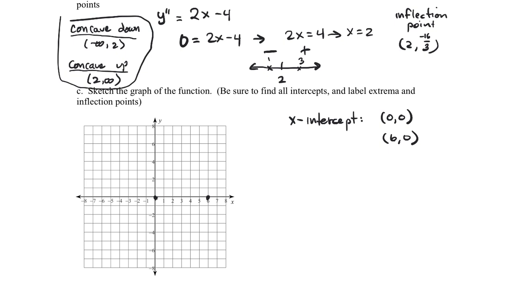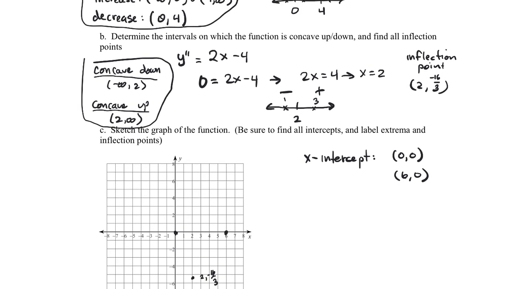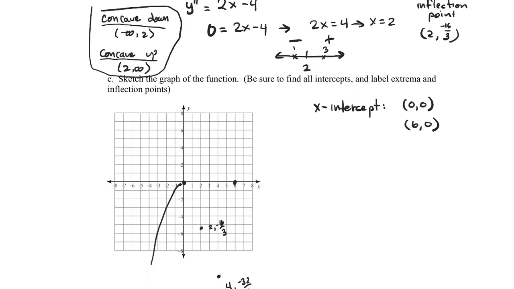So 2 comma negative 16 thirds. It's right there. That's the inflection point. Now we're increasing from negative infinity to 0. So that's increasing, and then we start to decrease from 0 to 4.